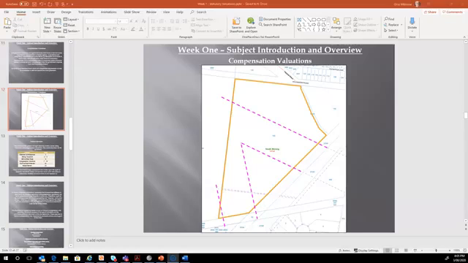Okay, welcome back to part two. So as I was saying, the example I was giving for a compulsory acquisition and compensation exercise, we have a property here that is being compulsory acquired, and as you can see, the purple lines on the plan show the area that's going to be acquired for the two roads.